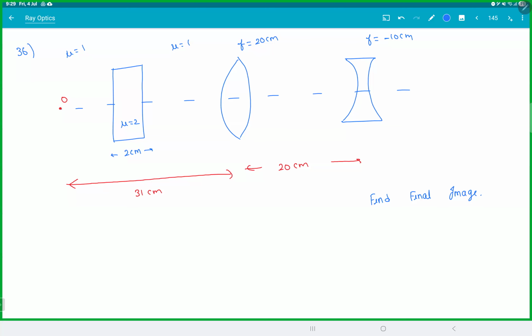T into 1 minus 1 by mu. Here I already gave you the focal length, so there's no need to calculate.